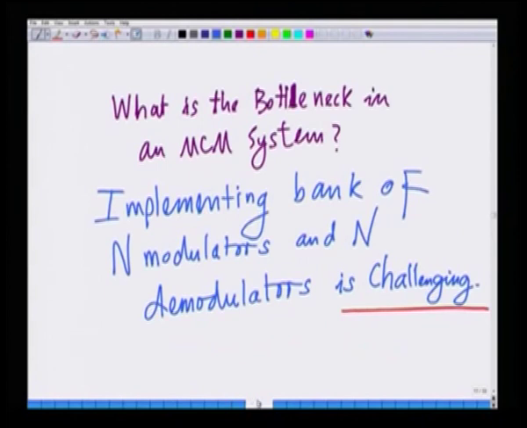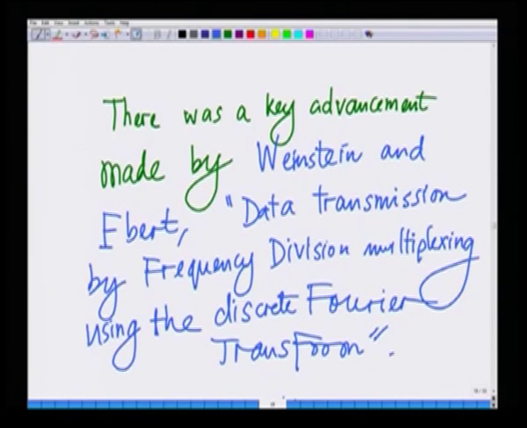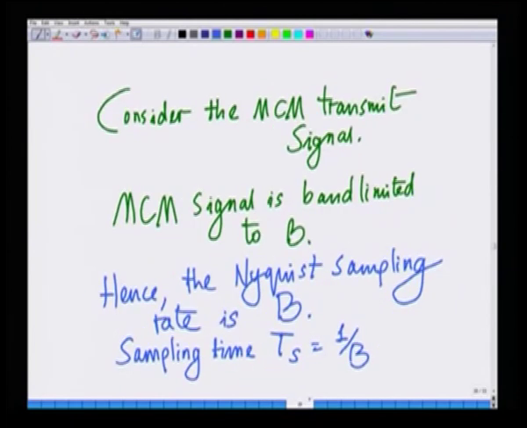We also saw that there is one problem with multi-carrier modulation: it requires N modulators over the subcarriers and N demodulators. This was solved by an ingenious idea by Weinstein and Ebert, who proposed a novel transmission scheme related to the FFT.